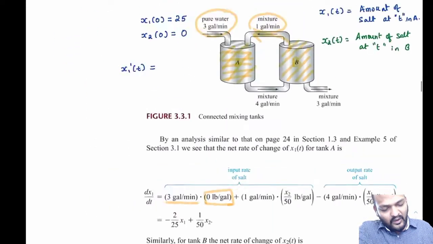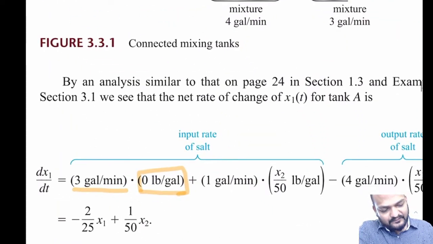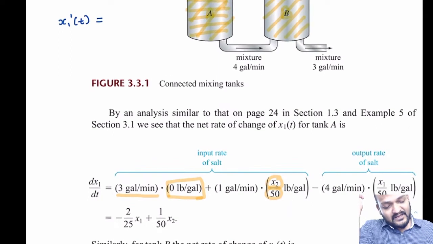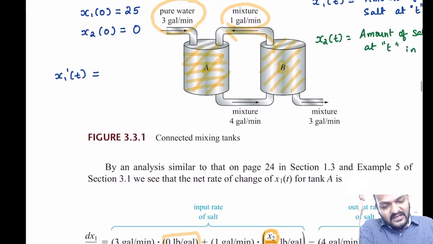So whatever is the amount of salt, the x2 divided by 50. Rather than saying amount of salt, here it is more of a salt per gallon, the concentration of that. So that is going to be x2 over 50, because it's a 50 gallon tank.